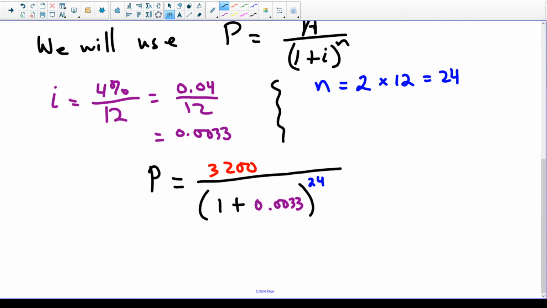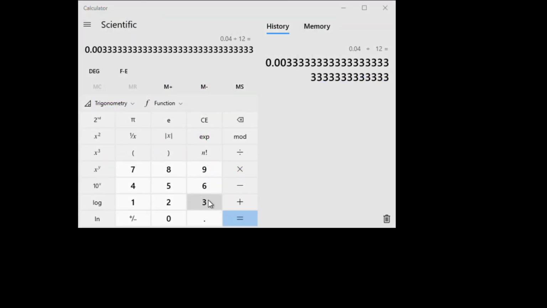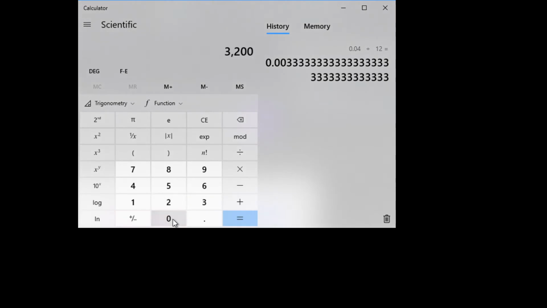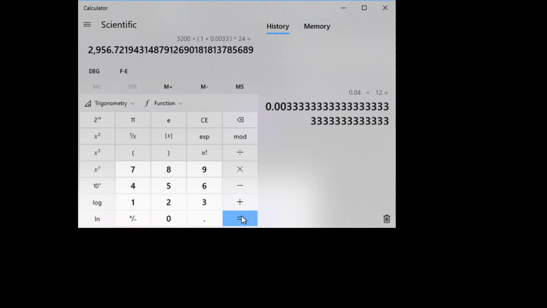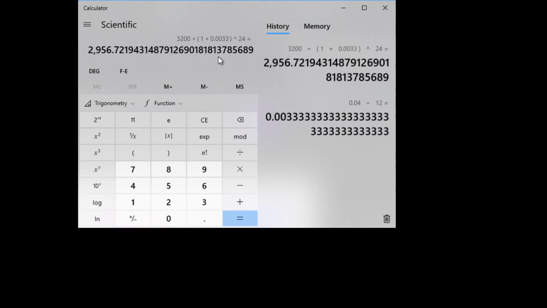And now we just have to type that into a calculator. I'm going to switch over to my calculator so you can see how to type that in. You go 3,200 divided by, open a bracket, 1 plus 0.0033, close the bracket, to the power of 24. All of that can be typed in at once, and we end up with a number.